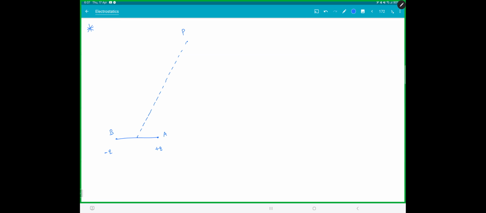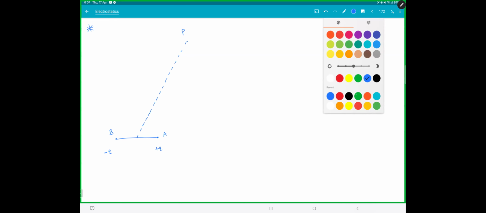We want to find the distance from A to P. We want to find the distance from B to P. Right, Arush? Yeah. So see, look at the idea.